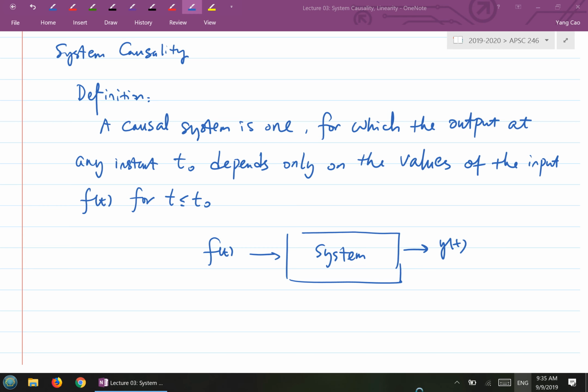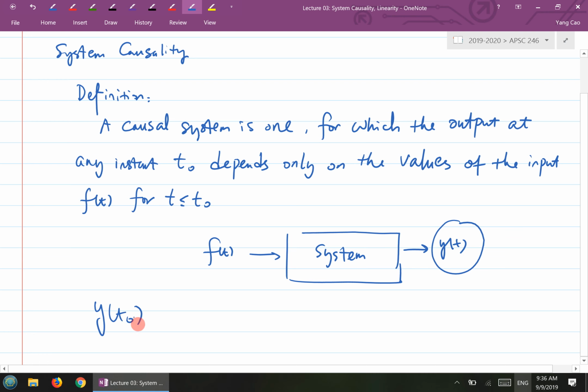Basically it means if you look at the output here, it doesn't matter what time. If I'm looking at an arbitrary time t naught, there will be certain expressions associated with this output y of t.